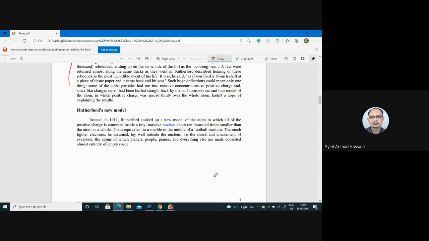So Rutherford said that all positive charges are confined within the center of the atom, known as the nucleus, and electrons are outside the nucleus, well away from it. This was okay, but when one is interested in stability, how can this be explained?